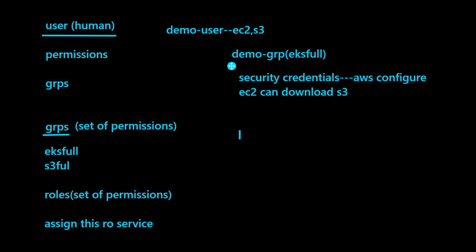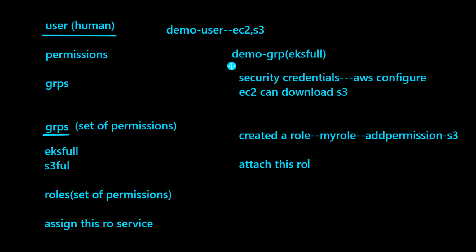Another method is I created a role called my role and added S3 permissions. Now, even though you don't give security credentials, if you attach this role to EC2, it can download anything from S3. This is the second method, and the best method is this one.